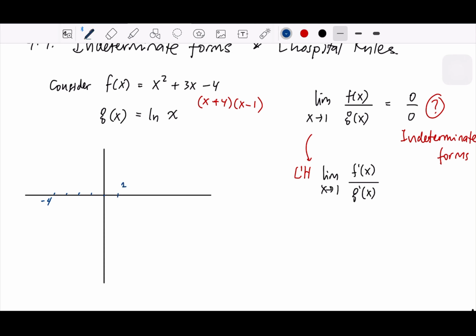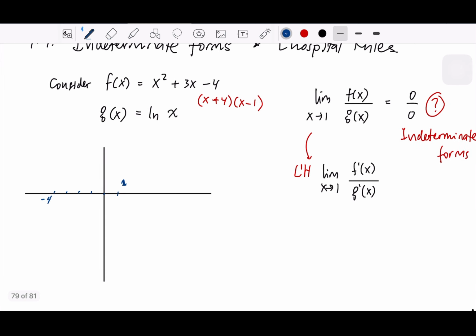So 1 is here. And negative 3 over 2 is our minimum value, so it is here.